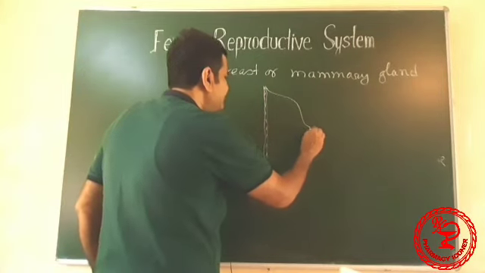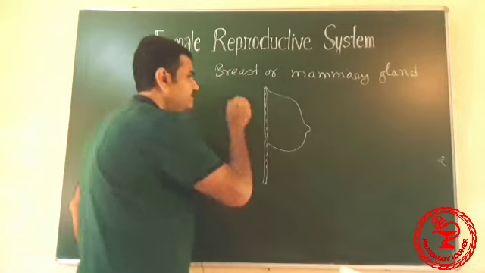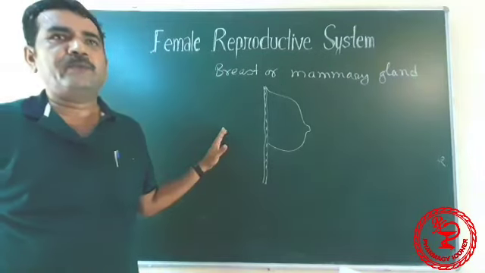From these muscles, semispherical breasts are formed.